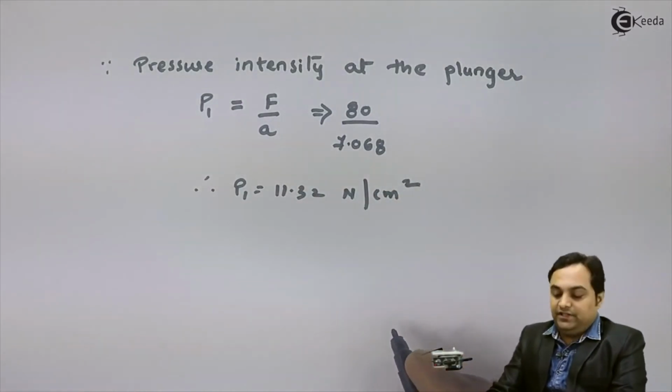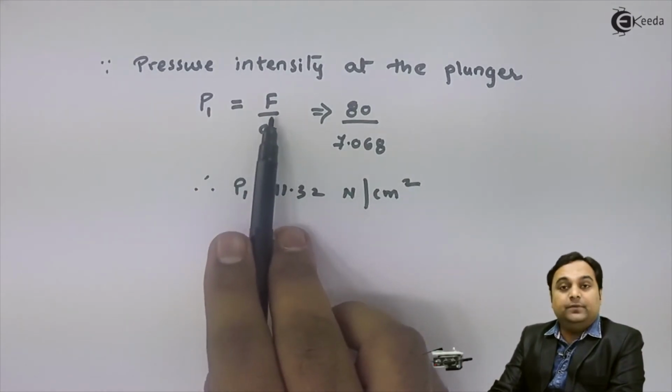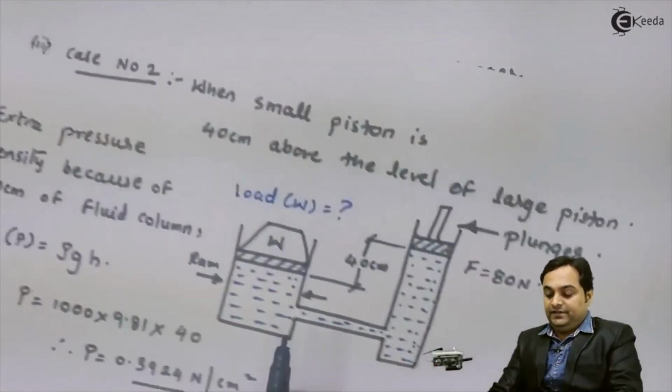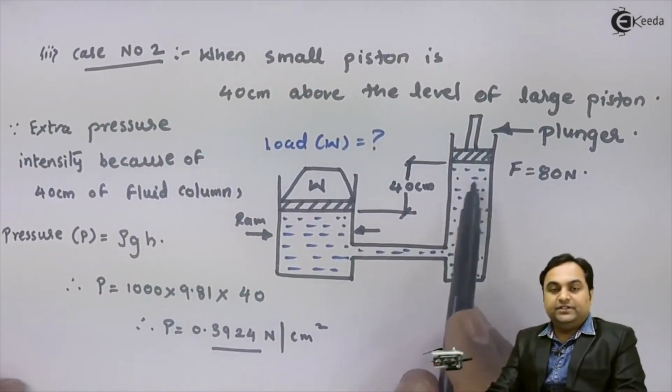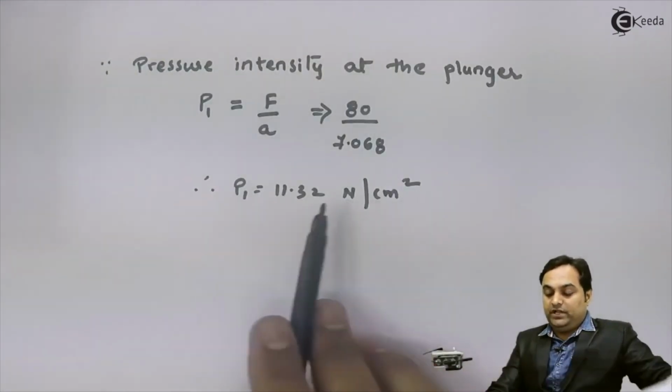So now as we see, here we have pressure intensity at the plunger because of the force at the plunger, and previously I calculated the pressure intensity because of this 40 centimeter height. So the total pressure intensity will be this pressure P plus pressure P1.